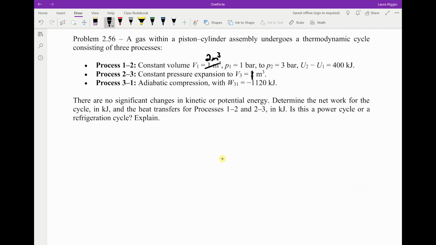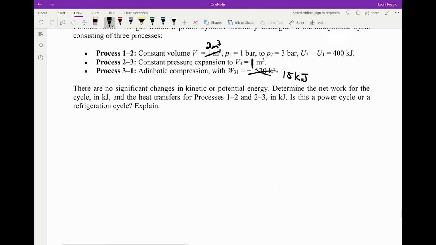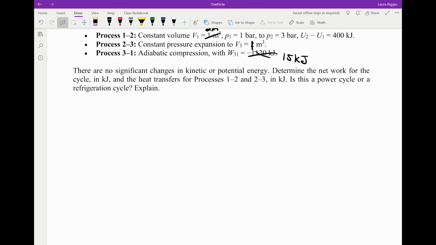And our work is 15 kilojoules. So if we do an energy balance for each process, let's first look at process 1 to 2. Process 1 to 2 is constant volume. So we have V1 is equal to V2. So we also know that our work from 1 to 2 is equal to 0.